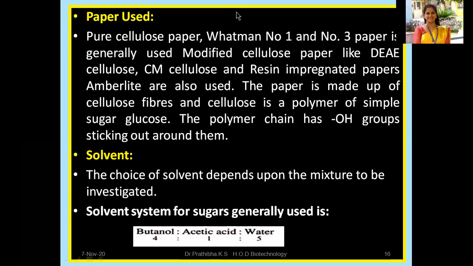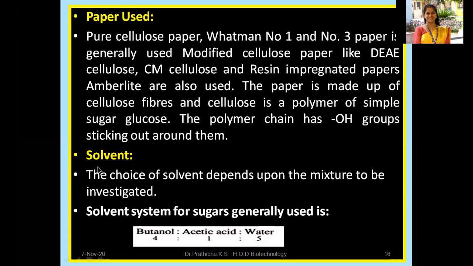These are some of the papers we'll be using for paper chromatography. The paper is made up of cellulose fibers, and cellulose is a polymer of the simple sugar glucose. The polymer chain has hydroxyl groups sticking out around it.